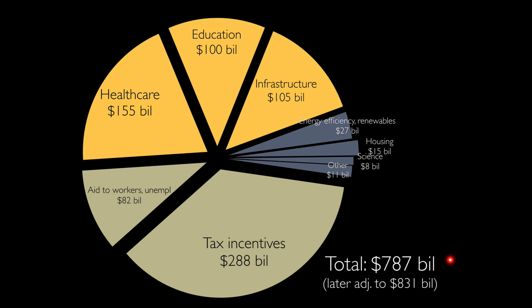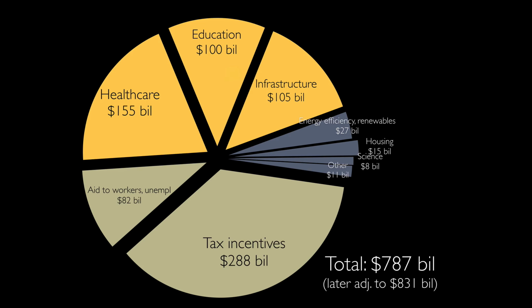Later adjusted upwards a little bit to $831 billion. And we can see that the largest portion of it, healthcare, education, and infrastructure, went to the states. Again, the healthcare and education were designed to shore up existing spending to prevent cuts.